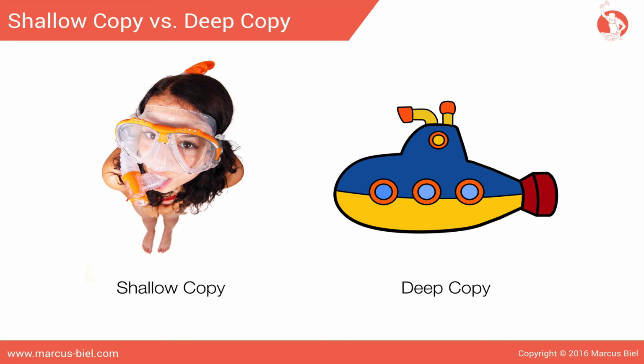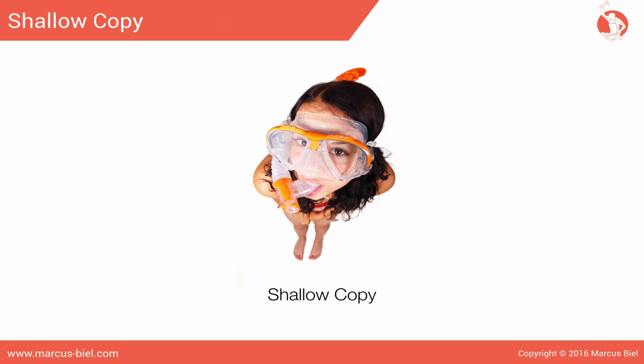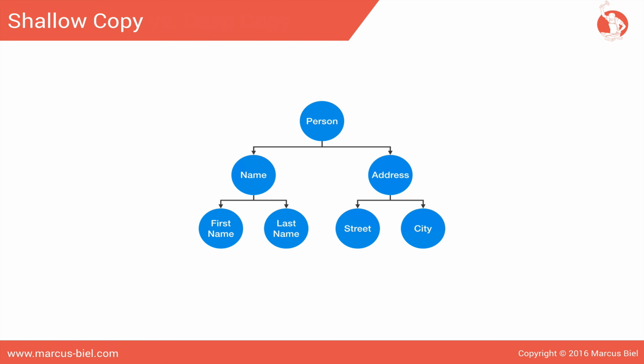Now that we have a solid foundation, let me explain the actual difference between a shallow and a deep copy of an object. Let's start with a shallow copy. Here you can see the object structure of our person object again. To create a shallow copy, we only copy the main object, person.